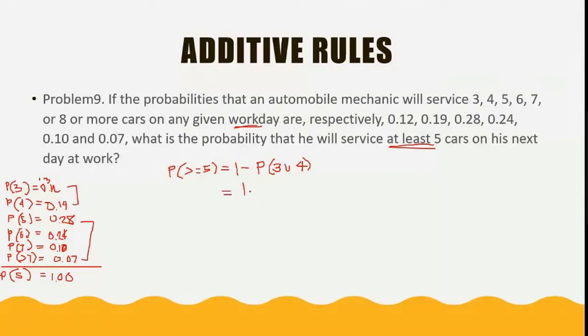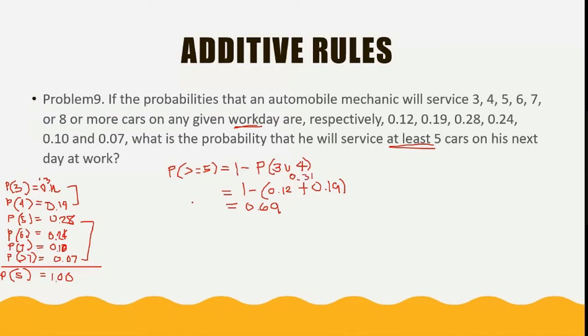So that's 1 minus 0.12 plus 0.19. 0.19 plus 0.12 is 0.31, and this is equal to 0.69.